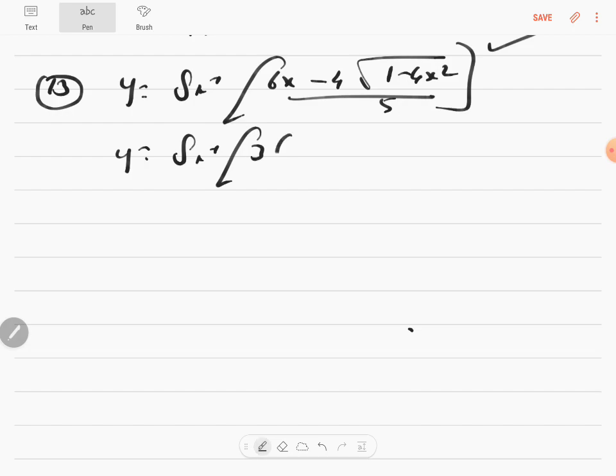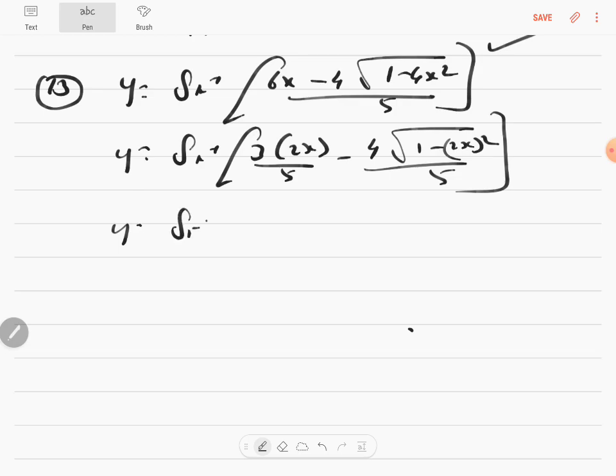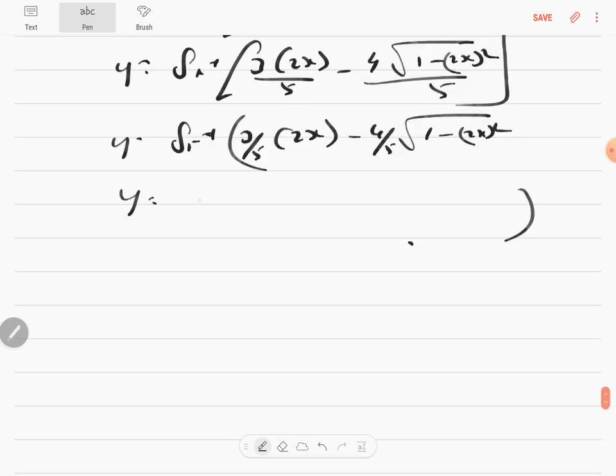A 3 into 2x by 5 minus a 4 into root of 1 minus 2x the whole square by 5. So then y is equal to sin inverse of 3 by 5 into 2x minus 4 by 5 into root of 1 minus 2x the whole square. Now this can be converted as sin inverse of sin A cos B minus cos A sin B, and I've got a triplet.